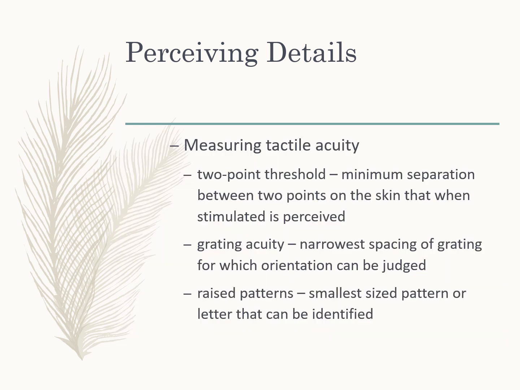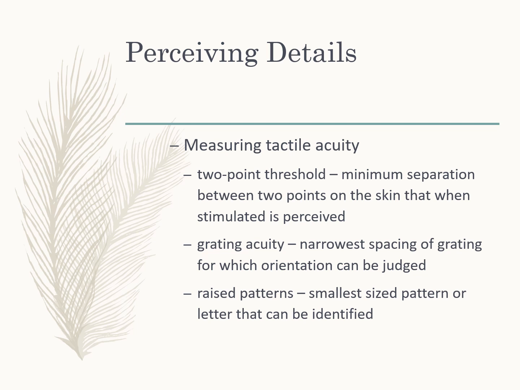There are several measures for measuring tactile acuity. One that we can think of is the two-point threshold, where we're talking about the minimum separation between two points on the skin, such that if we stimulate those two points, we can feel that they are two separate points. They don't just feel like one point, because if we get them close enough, they might feel like just one large point, right?